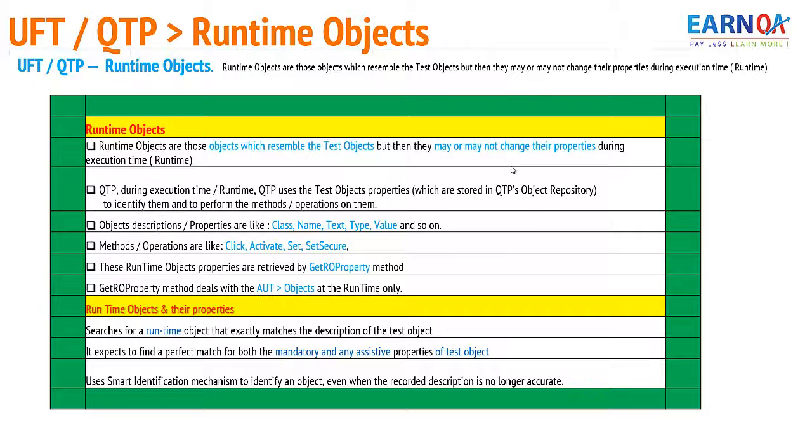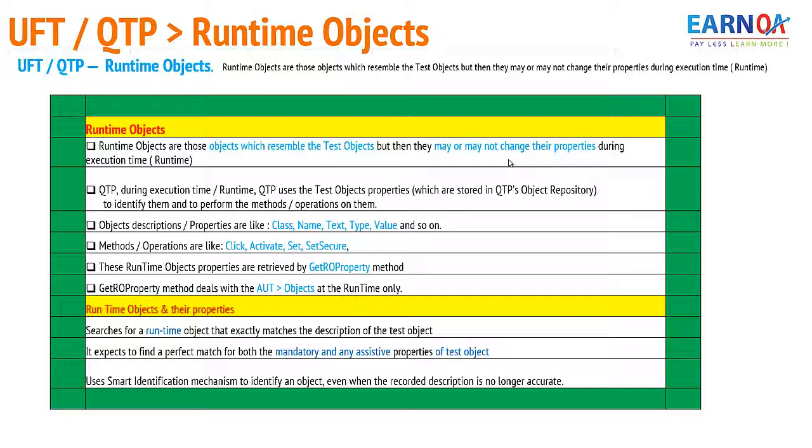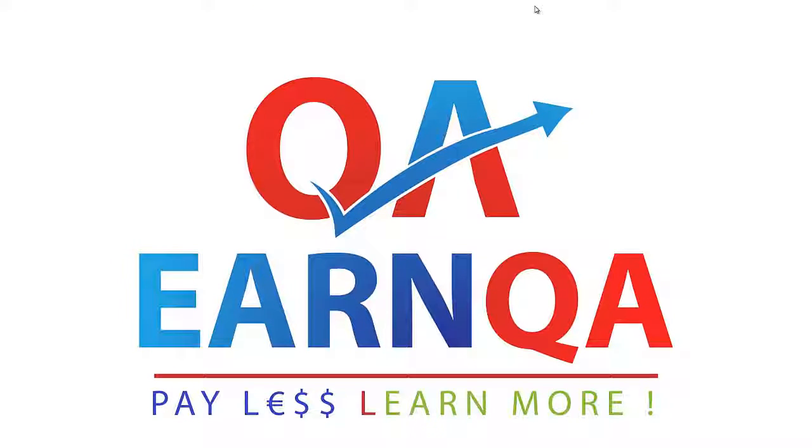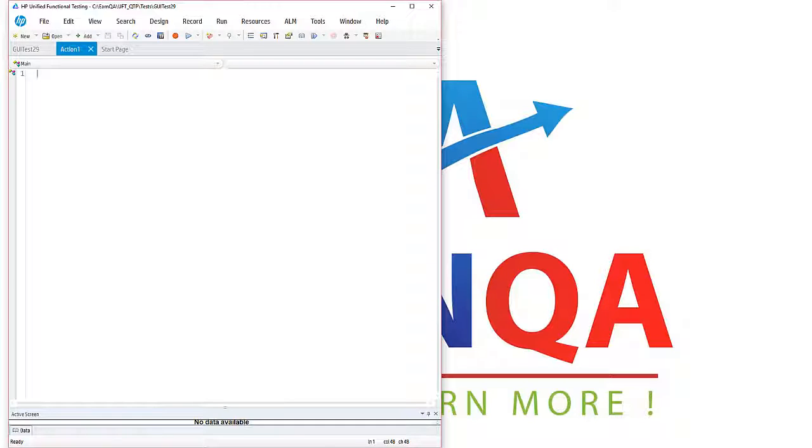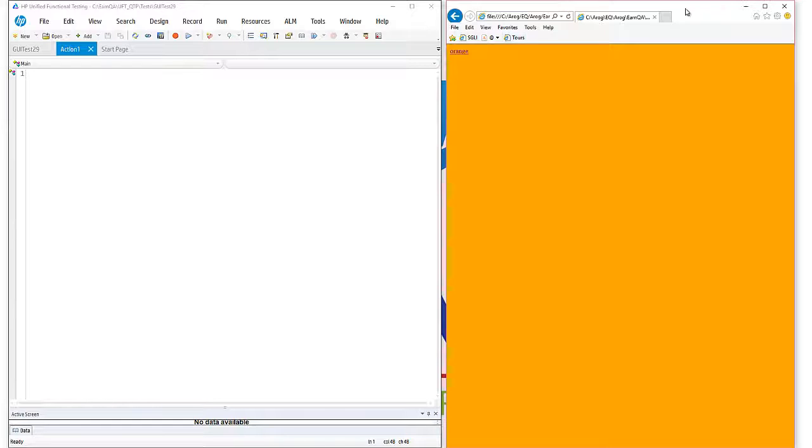Runtime objects are similar to test objects, but they may or may not change their properties. Let me give you a practical session so that you understand the difference between a test object and a runtime object. Let me open UFT and also a browser. There is a browser with one link called orange.